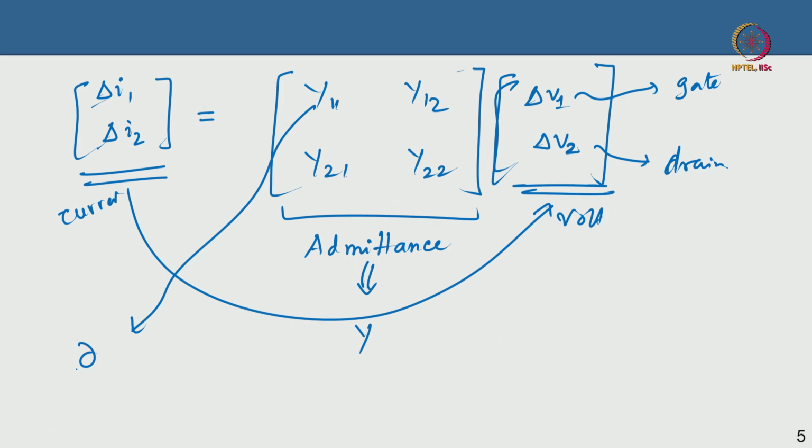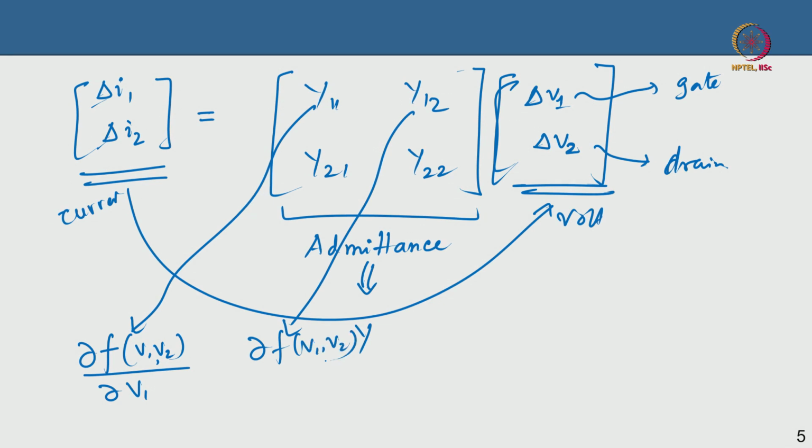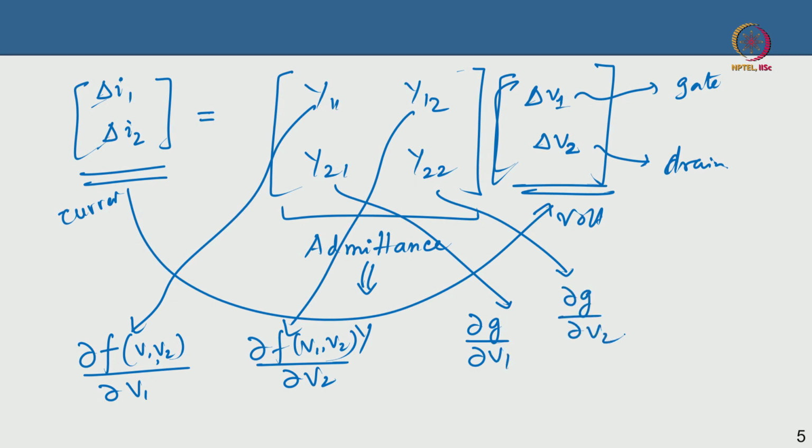So Y11 is the derivative of that function of V1, V2 with respect to V1. Y12 is the function of V1, V2 with respect to V2. So how is it perturbing with respect to V2? That is pretty much what is happening, and similarly Y21 and Y22 will be the derivatives of G with respect to V1 and V2. Those are the things that are being represented.